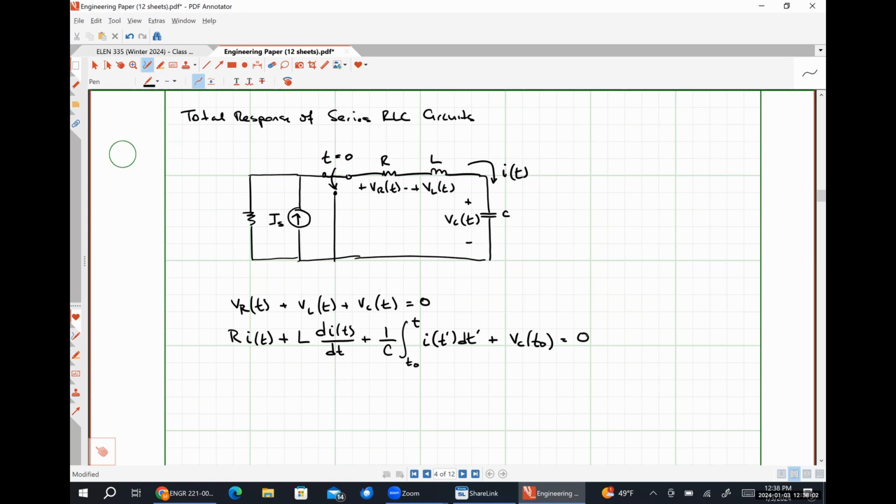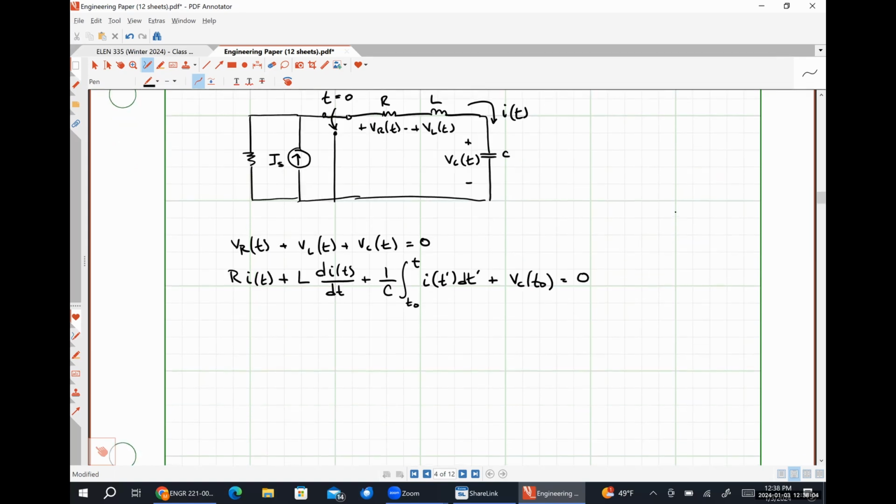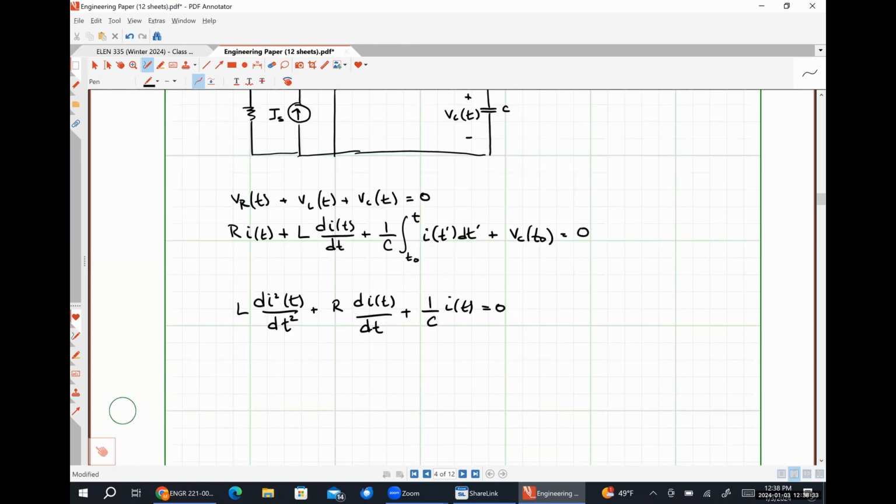So I'm going to put my second derivative term first. So that's going to look like L times the second derivative of my current plus R times the first derivative of my current plus 1 over C times my current. And now I'm going to divide both sides through by L so that my second derivative term has a coefficient of 1.